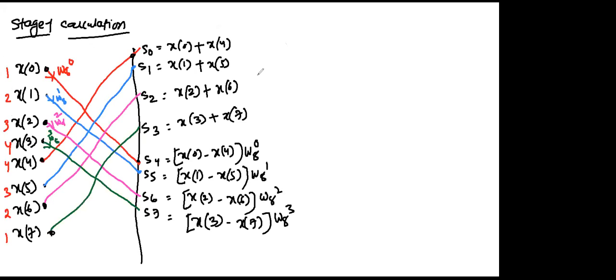Okay. And the values are: 5, 5, 5, 5, and this is minus 3, this is minus 0.707 plus j 0.707, it is minus j.